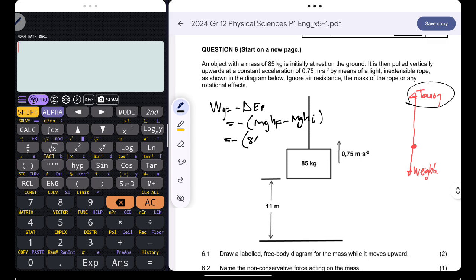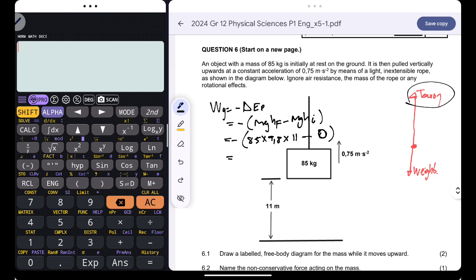So that's just 85 multiplied by 9.8 multiplied by the height, which is 11, minus initially, this thing was at the ground, so the height above the ground was 0. If the height above the ground is 0, it simply means that the potential energy initially was also equal to 0 joules.